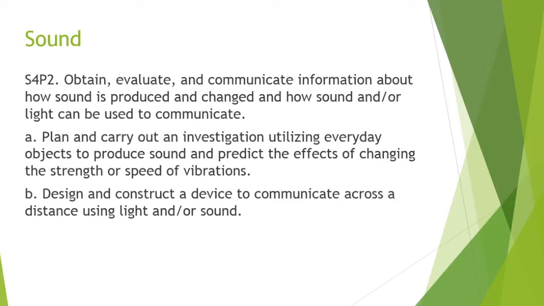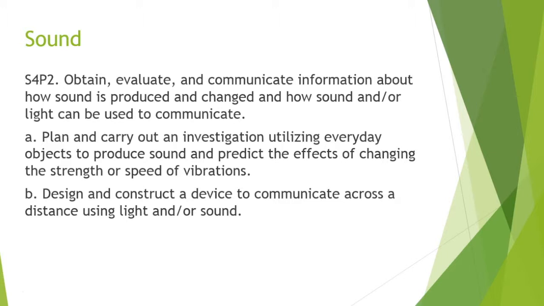But the up and down motion of the vibration, the speed of the vibration, is what we talk about when we talk about the kind of sound that you have. The faster an object vibrates, the higher the pitch. The slower an object vibrates, the lower the pitch. That's really different from how loud something is. Pitch is how high or low the note is, and that's how fast or slow the vibration is.